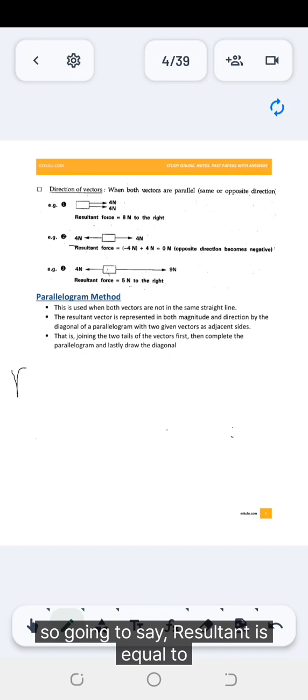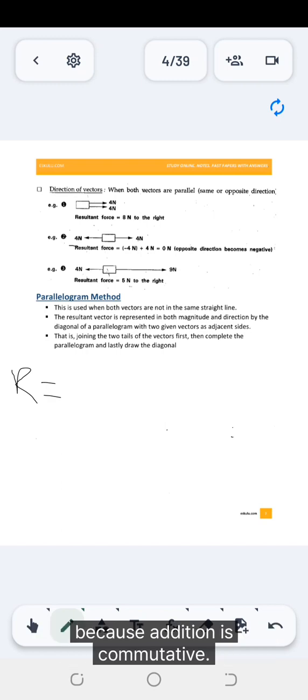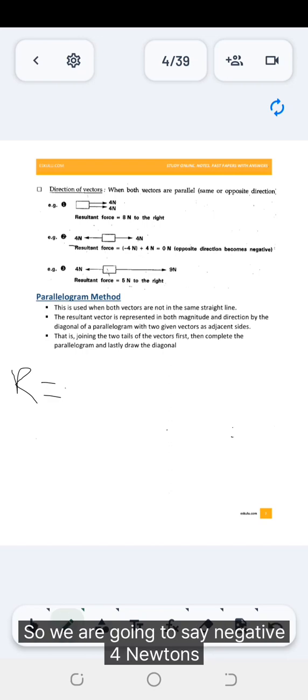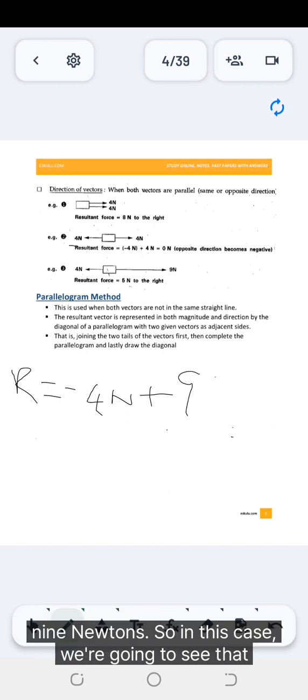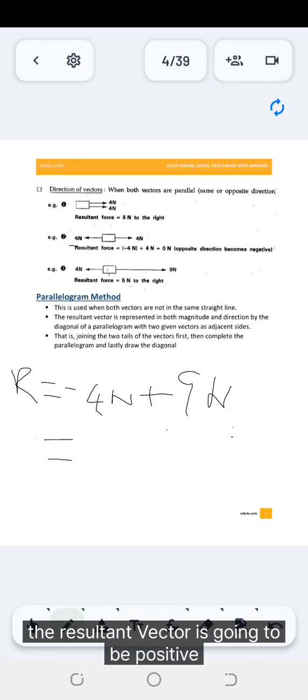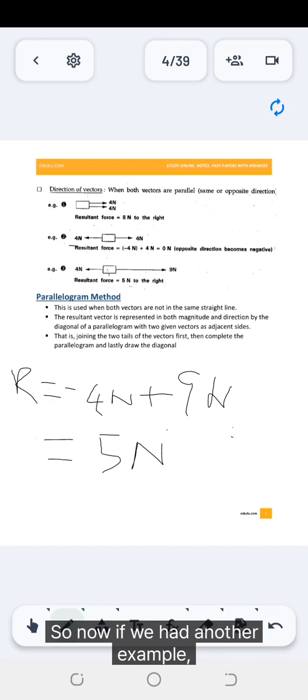We can start with anything because addition is commutative. So negative 4 newtons plus 9 newtons, and the resultant vector is positive 5 newtons, like that.